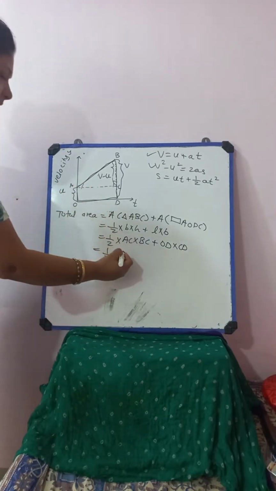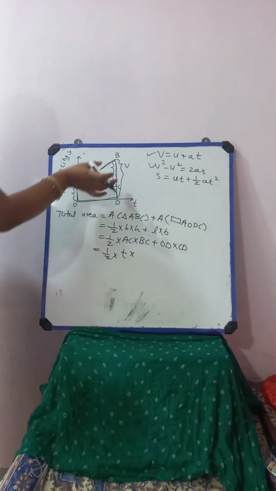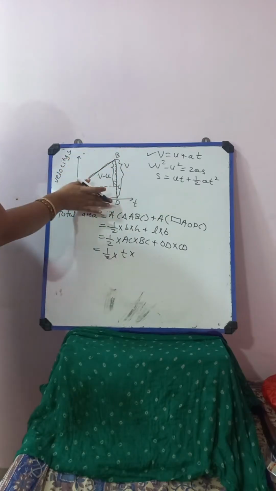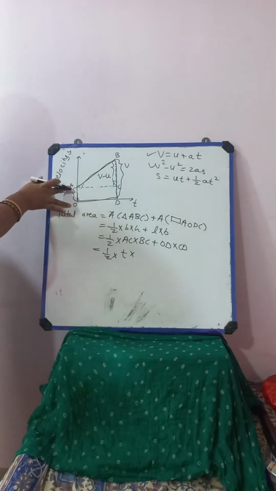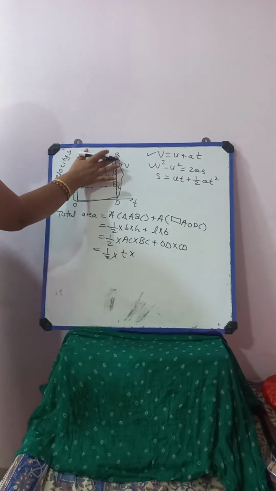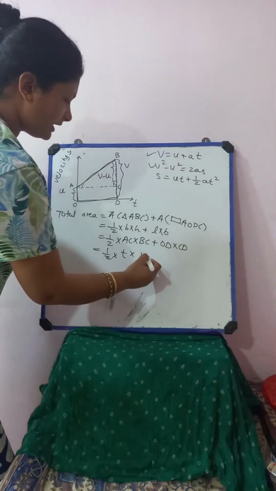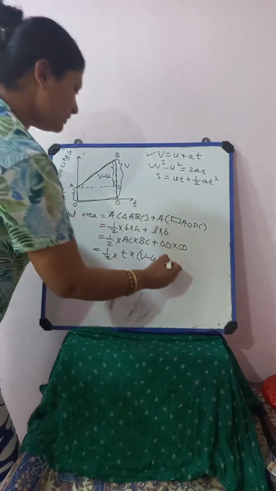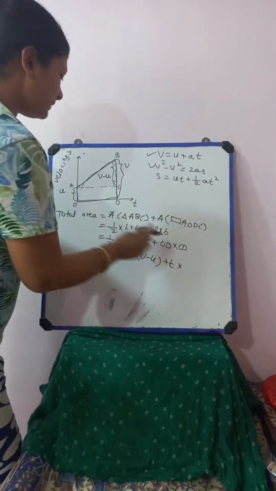So I will keep the value of AC as T. And BC, this part, I already told you, if BD is the total velocity, the final velocity, and AO is the initial velocity, then BC is final minus initial, that is V minus U. So I will write here V minus U, plus OD is the length, that is time, and CD is the breadth.